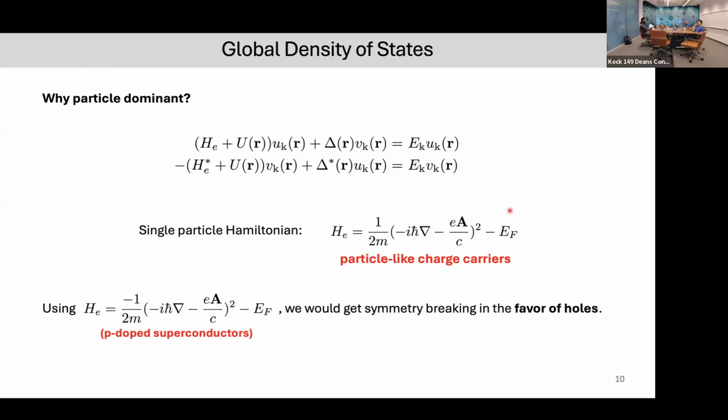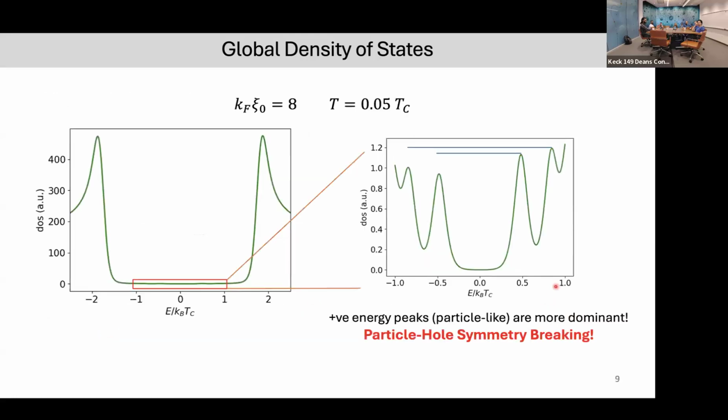This is the form of the single particle Hamiltonian that we use, and it inherently assumes that the charge carriers in your system are particle-like. If you use this expression, which assumes that the charge carriers are hole-like, which you can achieve in p-doped superconductors in specific, you would get symmetry breaking in favor of holes. So these peaks will be in the opposite manner, basically.